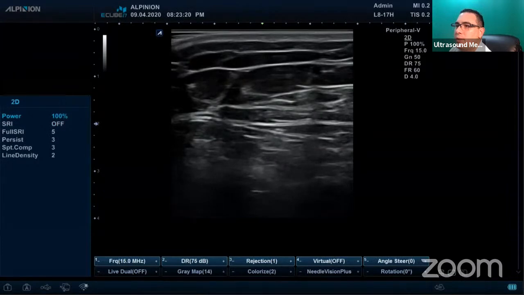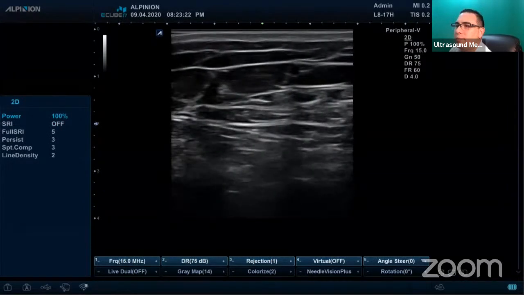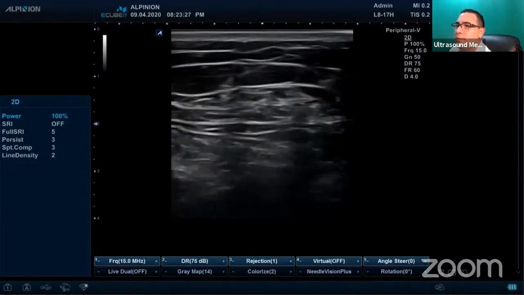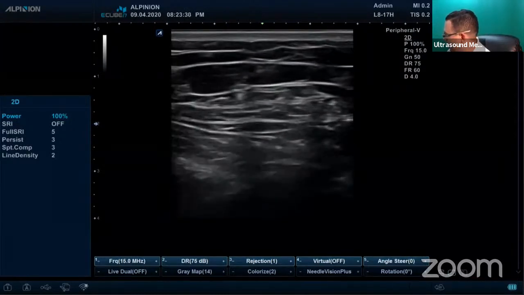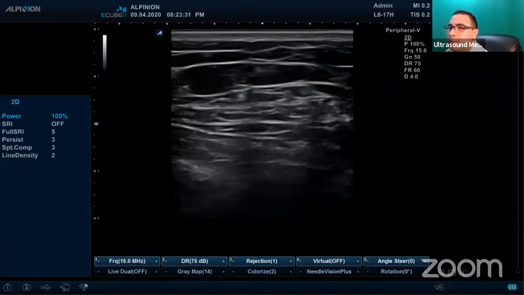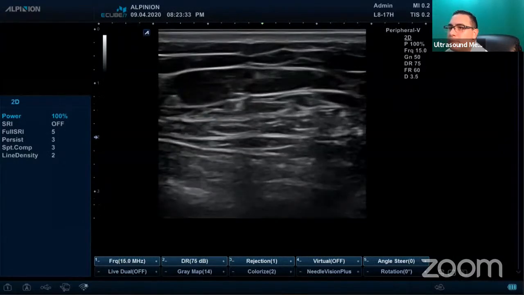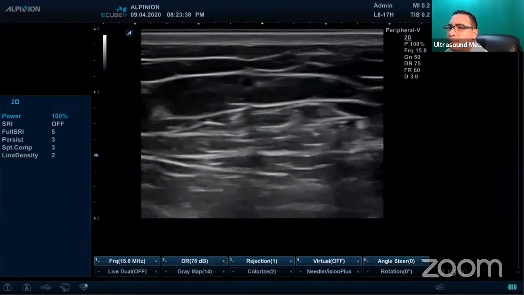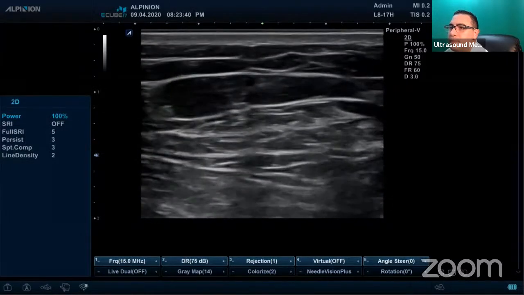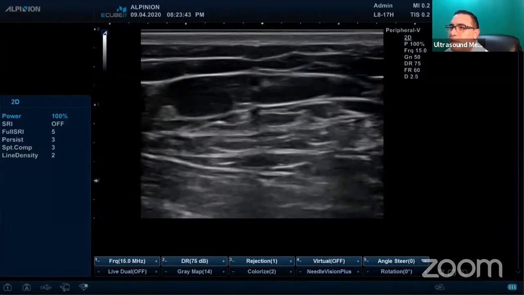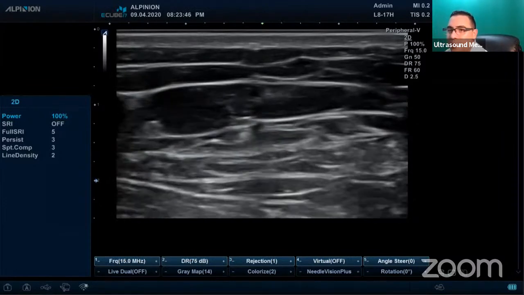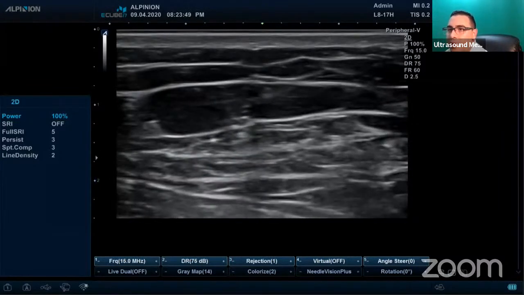I'm scanning myself here. Mine is very good, but in some patients you're going to see it's so huge. Let me place the focal point in the perfect position right here.